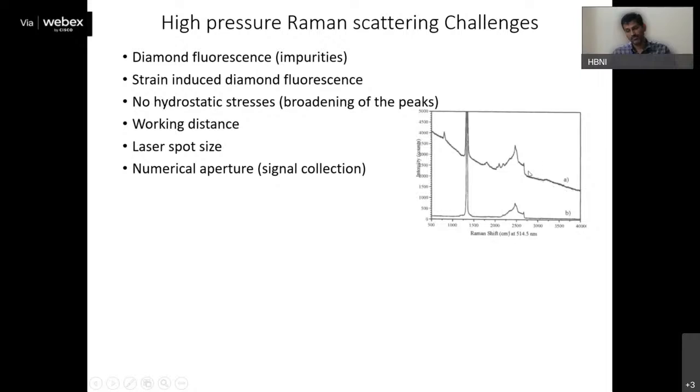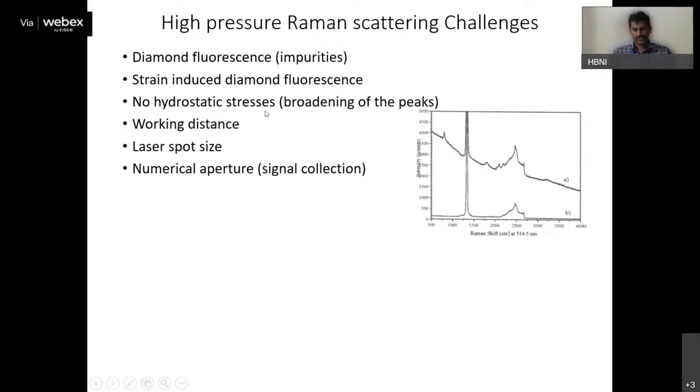This one gives a lot of fluorescence, so it is not suitable for high pressure measurement. One needs to select a diamond which doesn't have impurities and whose background is very low. Another thing is, if you are doing a measurement up to very high pressure, then because of the strain in the diamond itself, one gets fluorescence, and then it becomes difficult to get a good Raman spectrum.